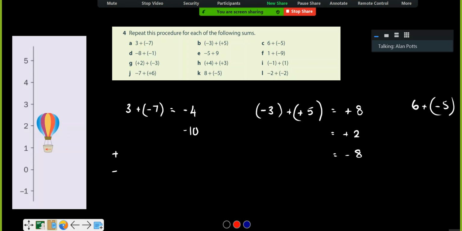You know they float. So a positive number will mean hot air. And what does that make a balloon do? Go up, okay? A negative we're going to call a weight, technically it's called ballast. What does a weight do?